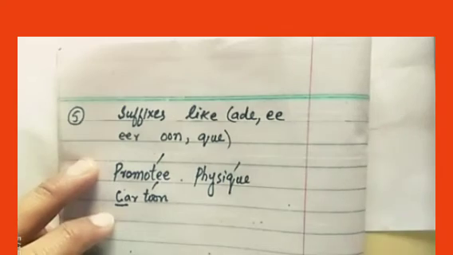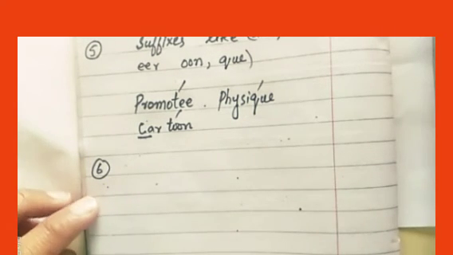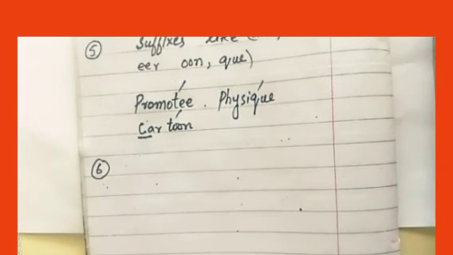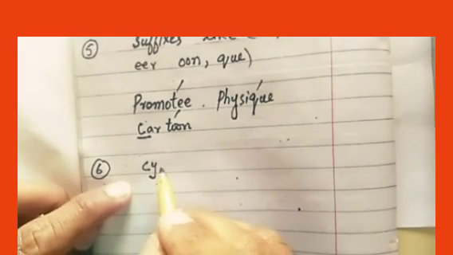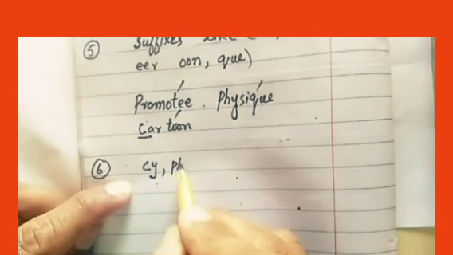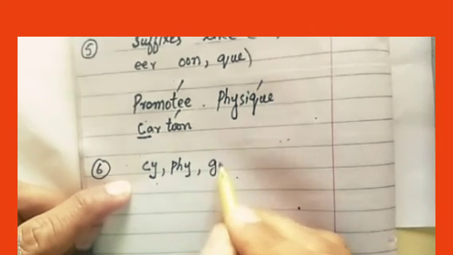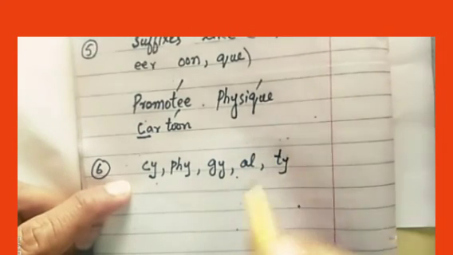So this was the fifth rule, and the last one is number six. The stress will be on the third last syllable if a word ends with cy, phy, gy, al, ty.